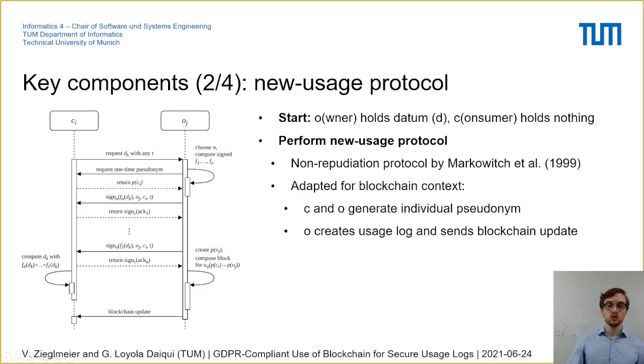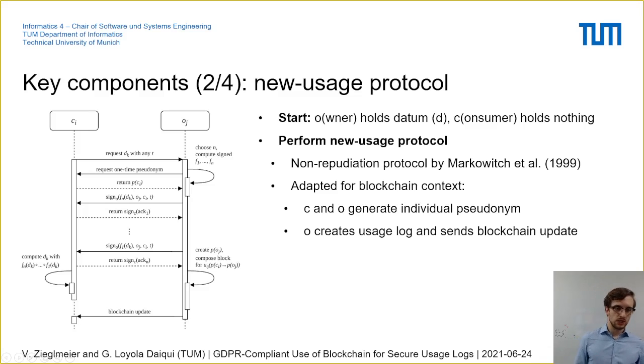The new usage protocol is now performed, and this is based on the non-repudiation protocol by Markovic et al. We have adapted it for the blockchain context with two key outcomes. Firstly, C and O generate individual pseudonyms for each new transaction, and O creates the usage log in the end and sends a blockchain update.